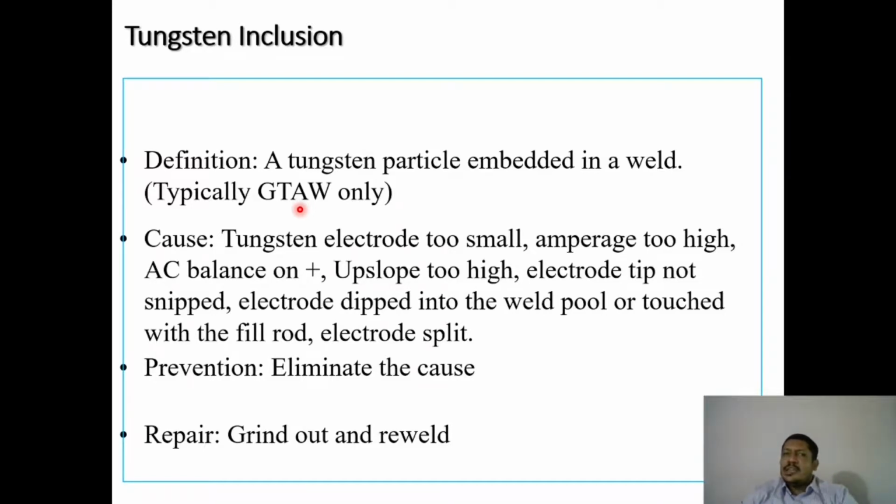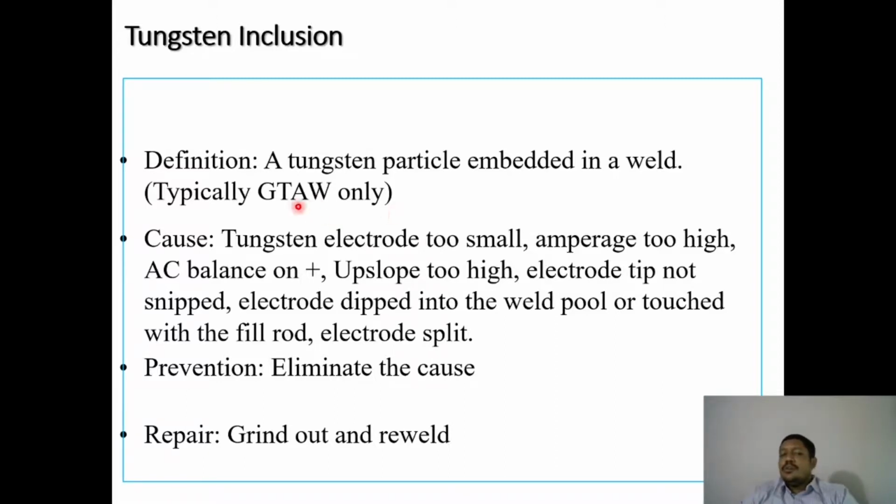Tungsten inclusion you can normally observe in a welded component done with the GTAW process. The GTAW process uses a non-consumable tungsten electrode. With prolonged usage, the tungsten material on the tip of your electrode may break and get deposited into your weld joint. That is called tungsten inclusion.